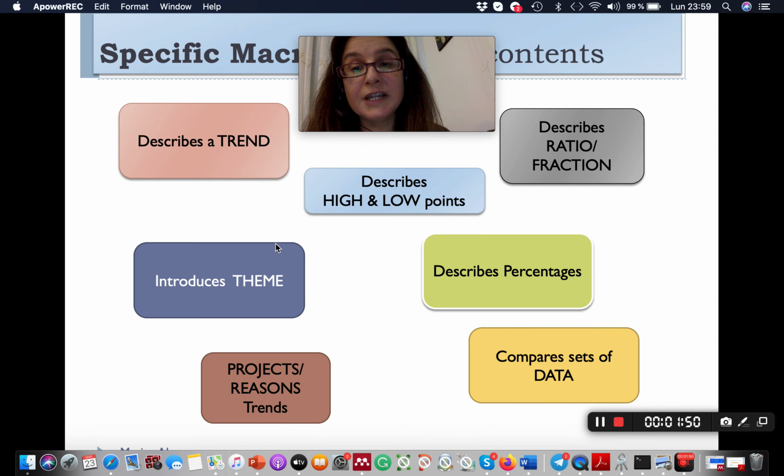We have obviously to introduce the theme of the paragraph. And we also talk about the projection, what the expectations for the future are, the trends for the future, or the reasons why this line has this kind of configuration or such a development as the one we see in the visuals.